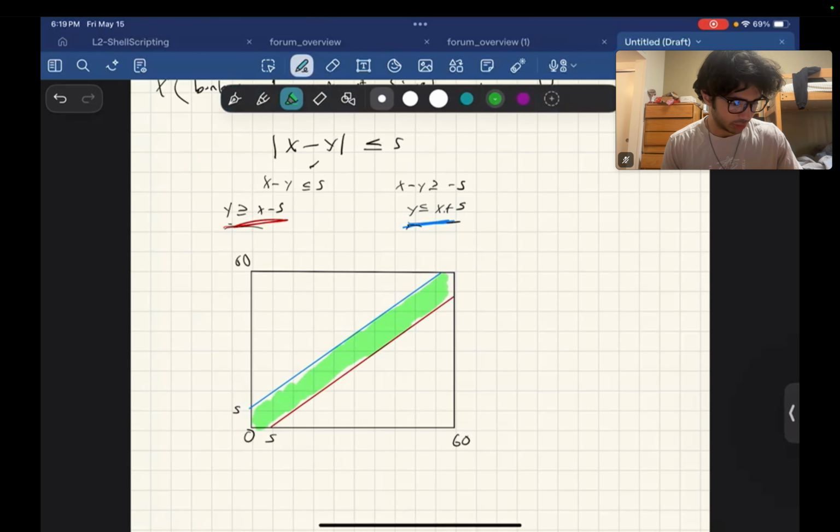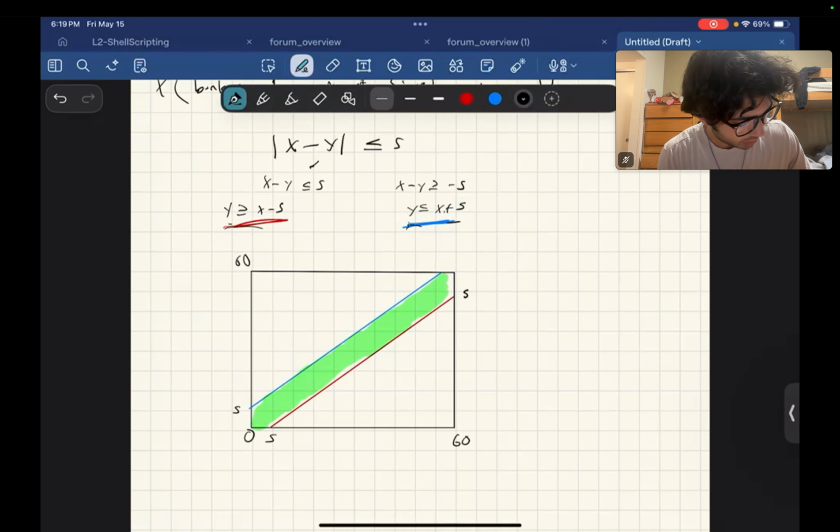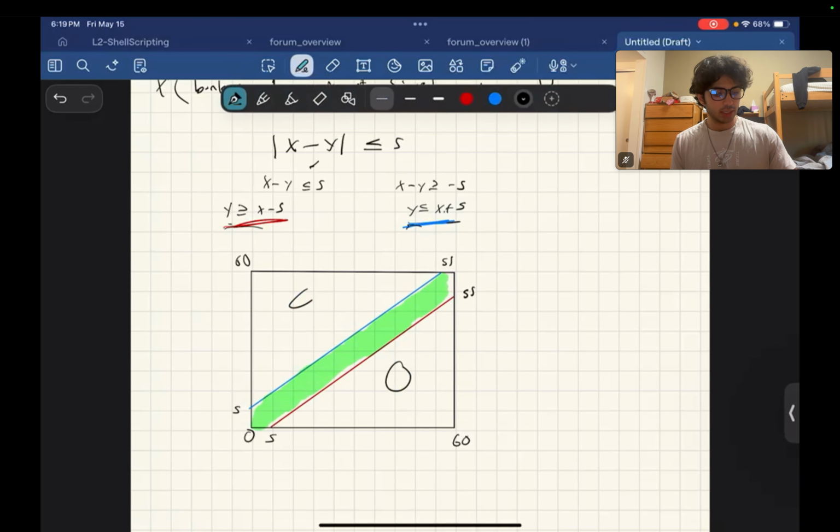That's our final answer. We're going to solve that by noticing that here it goes to 55, and here it goes to 55. Basically, you solve for these triangles here and subtract that from the overall square.